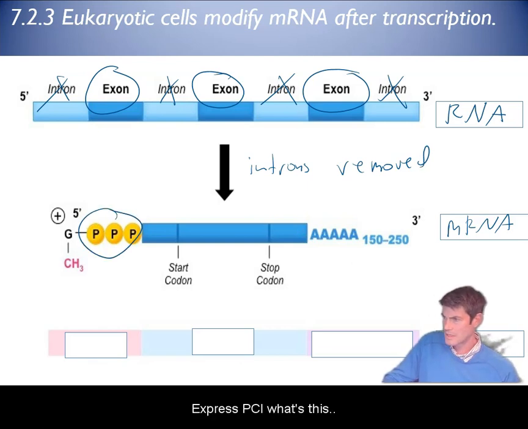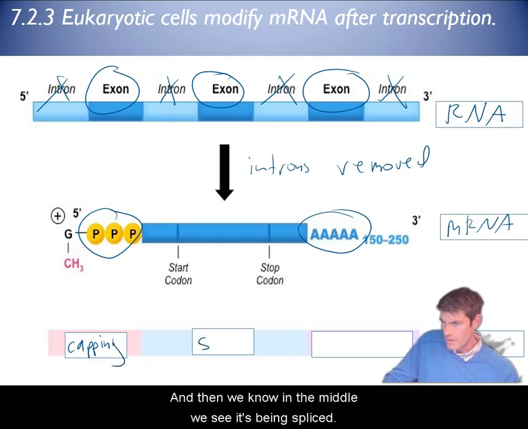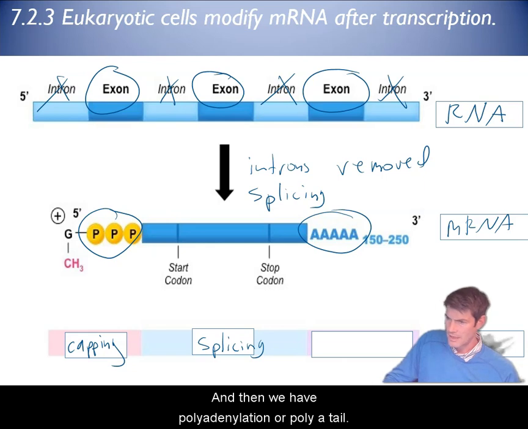But you see, oh, what's this stuff? This is called capping. One side of the gene is capped off, and then in the middle we see it's being spliced. That's what this is called. And then we have polyadenylation, or poly-A tail.